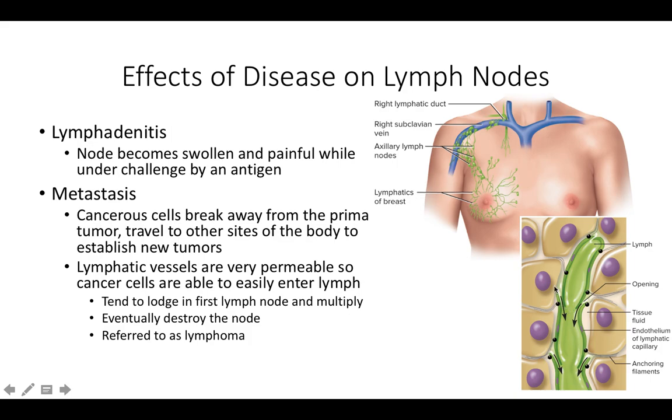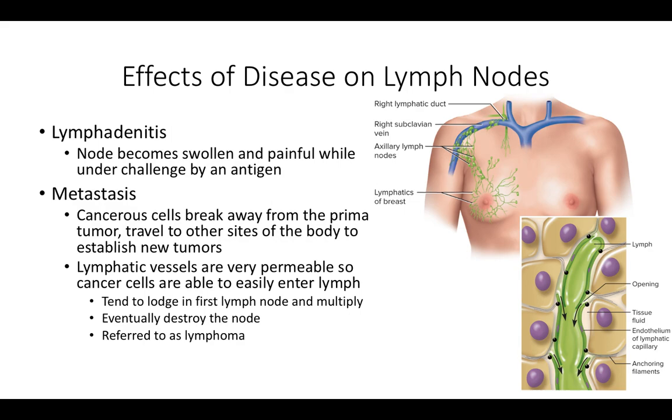We have these overlapping endothelial cells that create these really big gaps, which makes these vessels really permeable. So what happens is these cancer cells can get into the lymphatic system really easily. And so typically what they'll do is they'll lodge themselves into one of the first nodes that they encounter and eventually destroy that node, which is referred to as lymphoma.